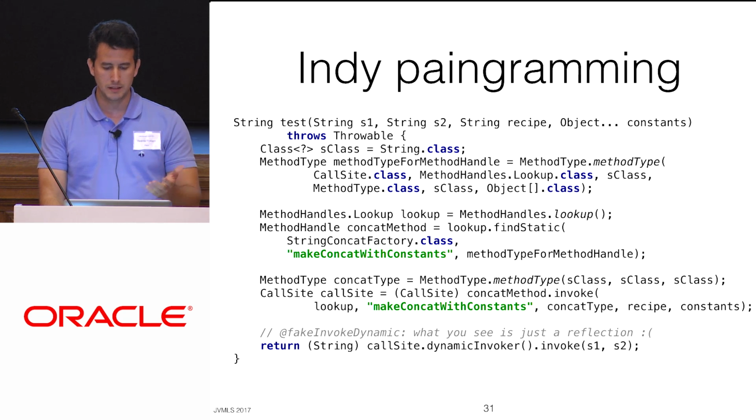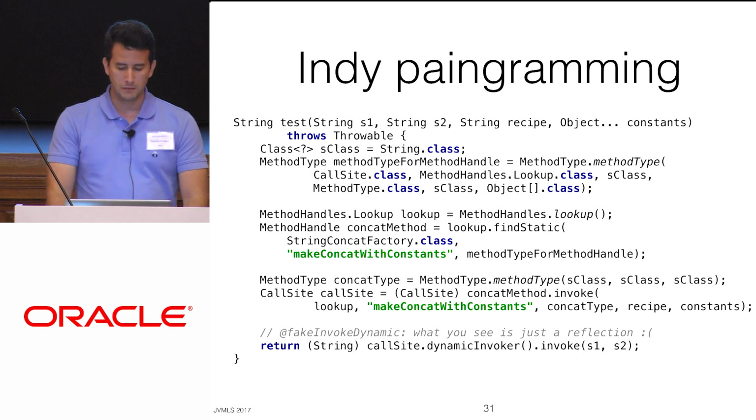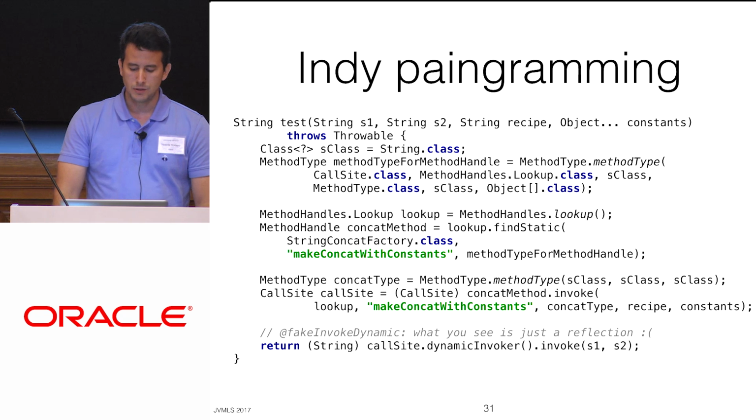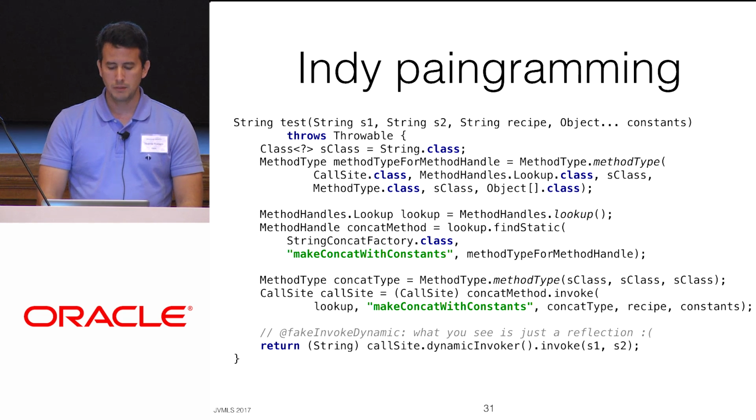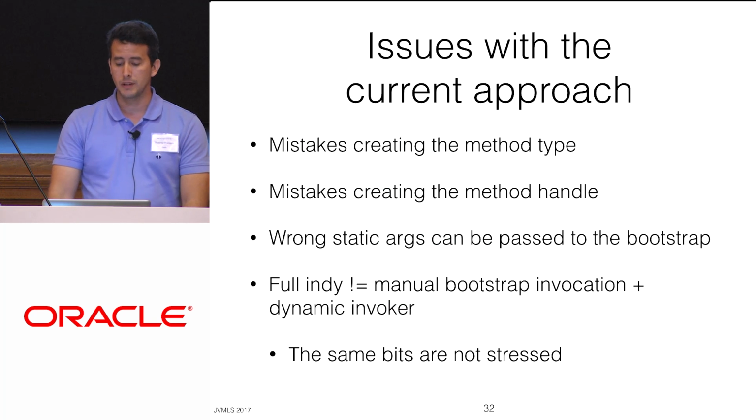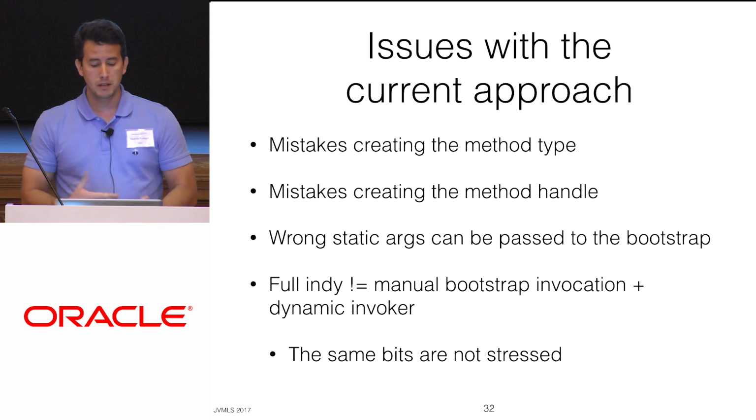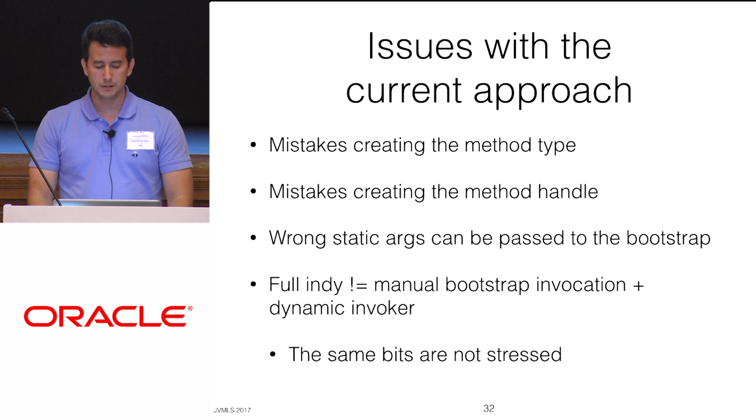So this is an example of how it goes for testing Indy using reflection. We can see all the steps we have to go through, and this is complex code and very error prone. You can make mistakes creating the method type or the method handle or passing the arguments.